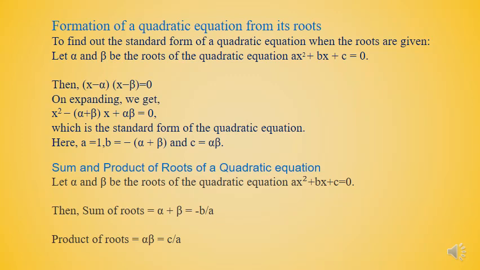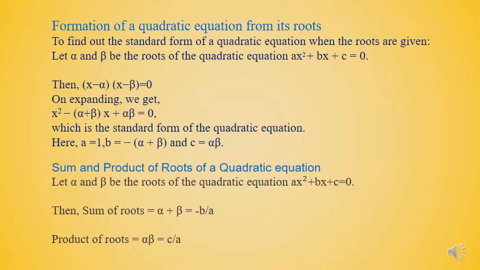After the nature of roots, let us learn about the formation of a quadratic equation from its roots. If we have the roots of a quadratic equation and we have to frame the equation, how do we form it?